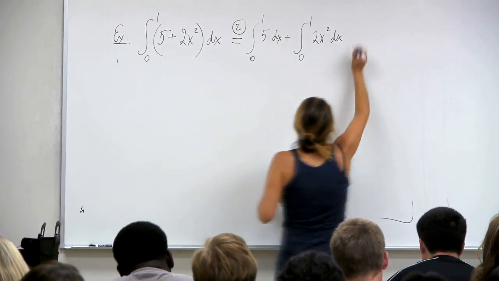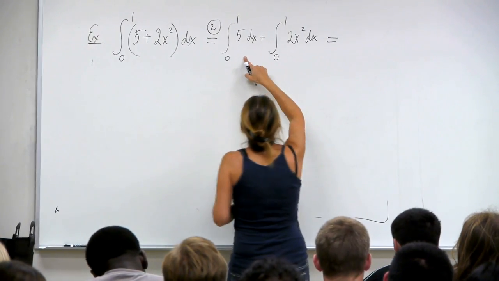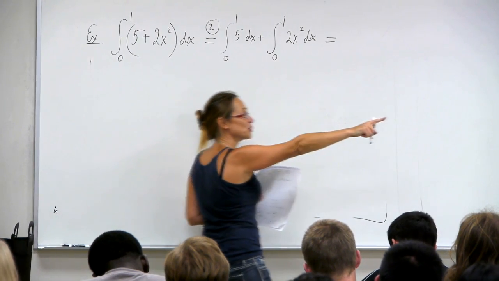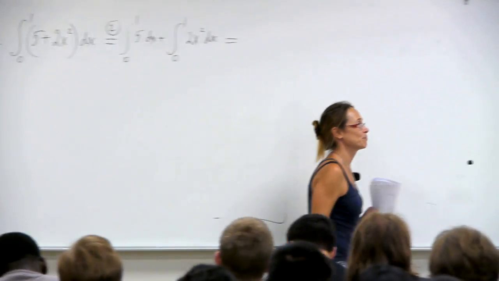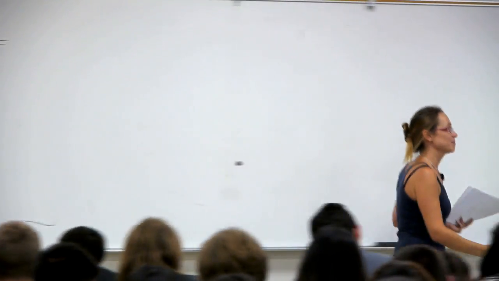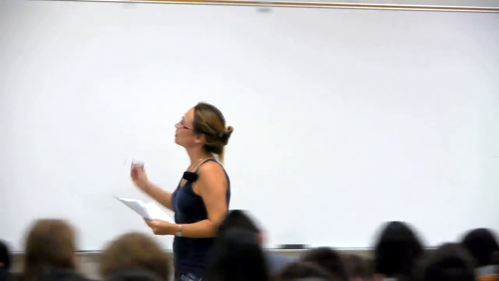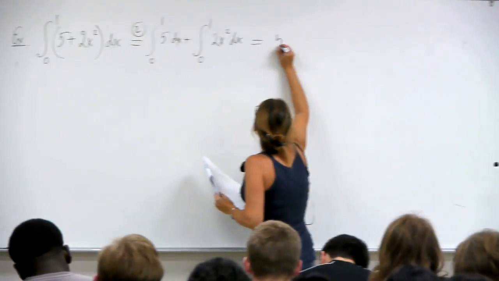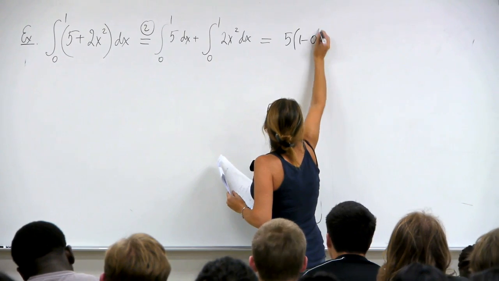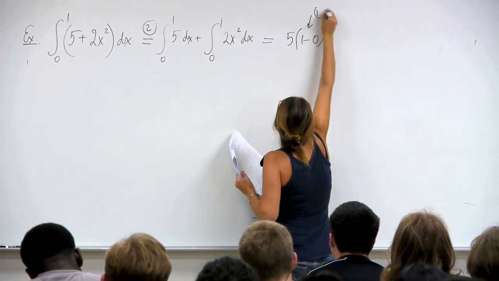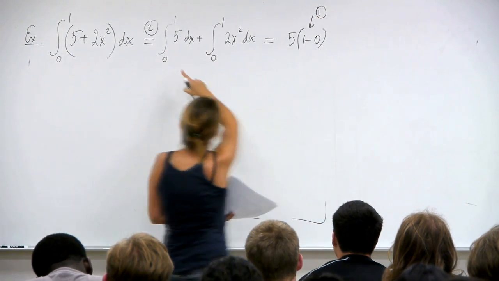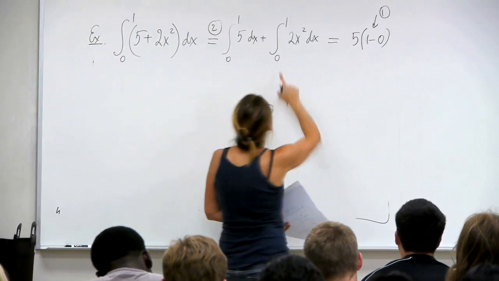Okay. Now, the first one, we have to look at rule number 1, which is a constant, right? We have 5 here. So we have 5 times 1 minus 0. And that's by rule number 1.